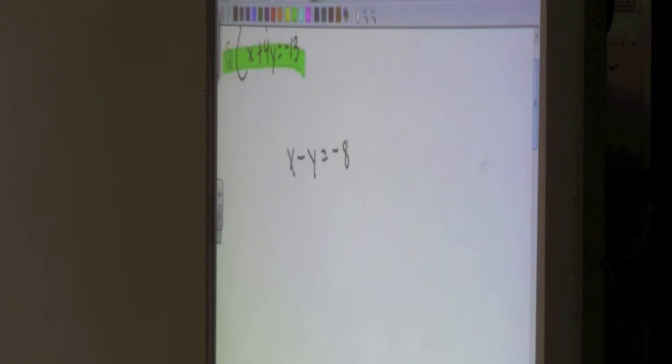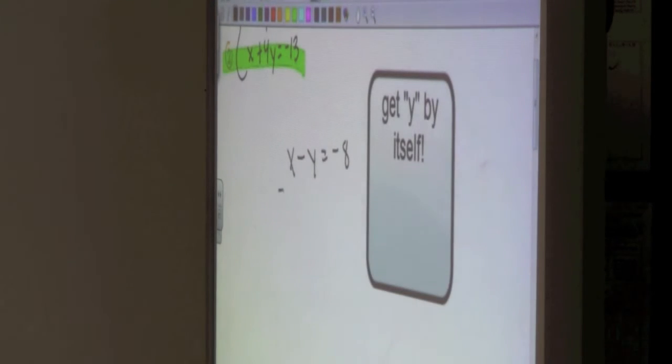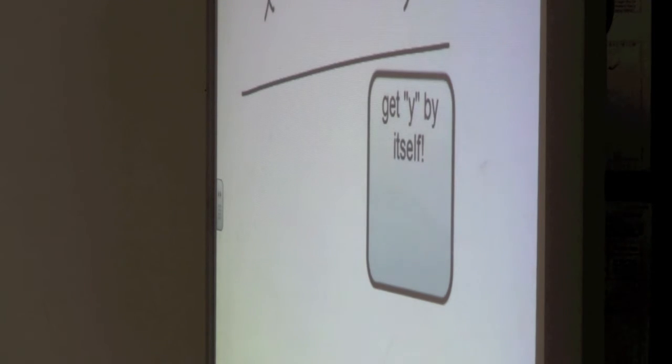So what we want is y by itself. So what we have to do is subtract x from both sides. This cancels out, so what we have left over is -y equals -8 minus x. And to make y into a positive, you have to divide it by -1.